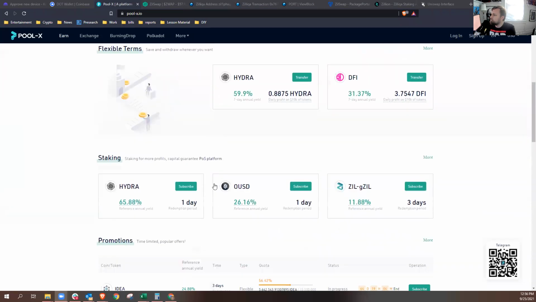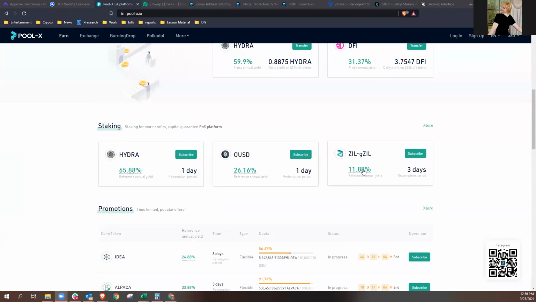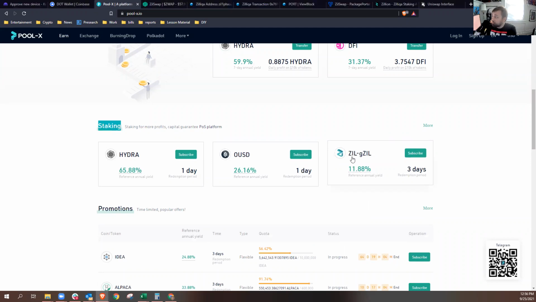Where do you usually hold your coin to earn APR or APY? It depends on the coin. So with staking, to answer your question, for ZIL and GZIL, you only get 11.88%. So you're actually better off, because remember, convenience always costs.